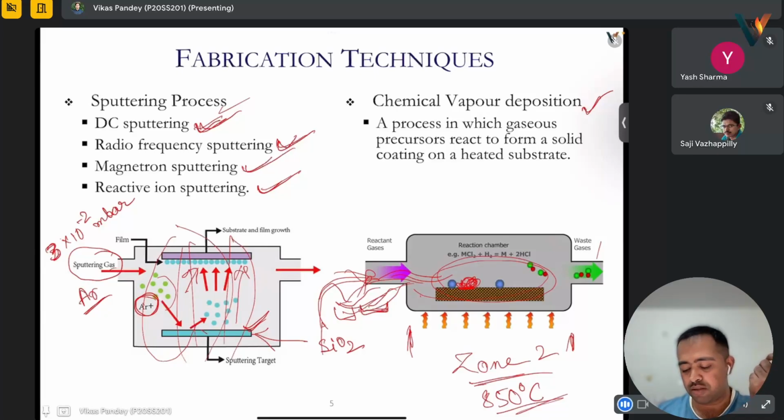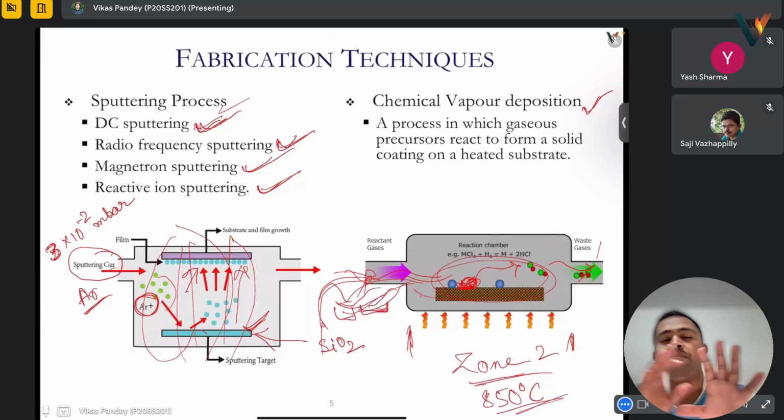The byproducts, whatever we want, will get deposited there since it will be in solid form, and the byproduct will leave the furnace. Okay, so this is the basic process of CVD.